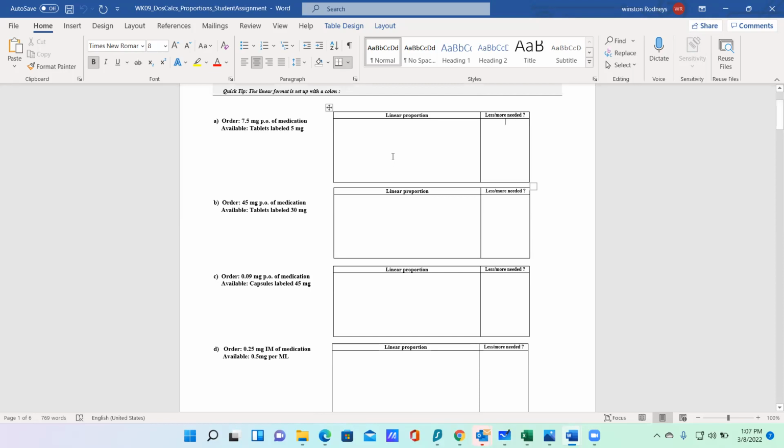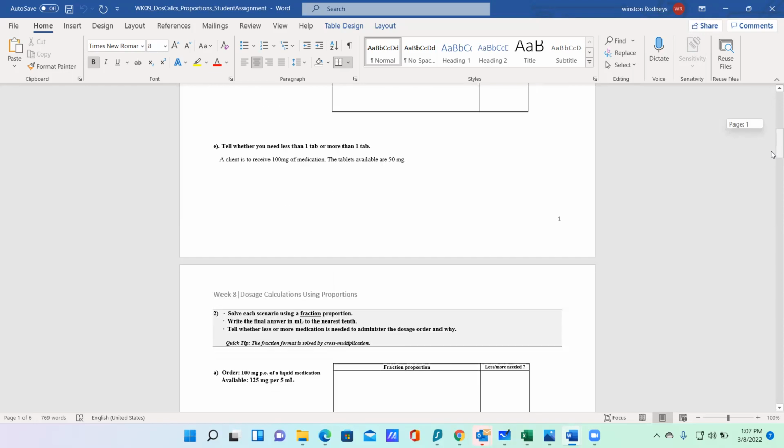And when you get that 1.5, it means that you need more. Why do you need more? Because 7.5 is greater than 5. So if the order is 7.5 and what you have available is 5, then you're going to need more of it. So that pretty much takes care of the whole of number 1, okay? That takes care of number 1.